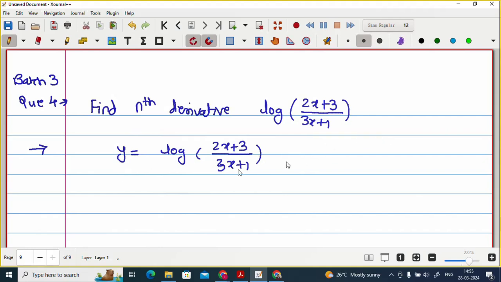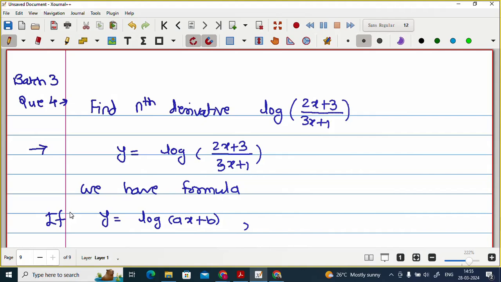Okay. Because, देखो हमारे पास में फॉर्मूला किसके लिए है? We have the formula for अगर y log of ax plus b है, if y is log of ax plus b, then its nth derivative, we have the formula for nth derivative as what?